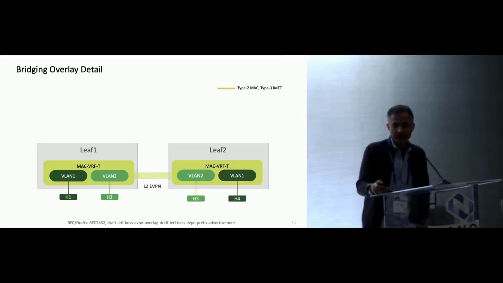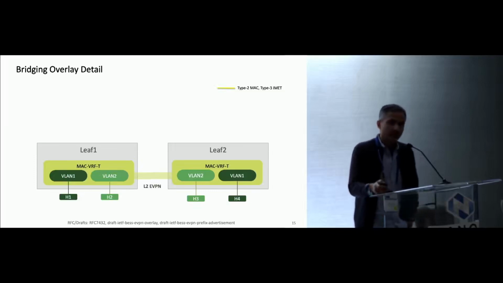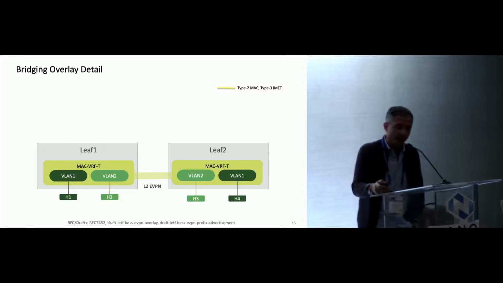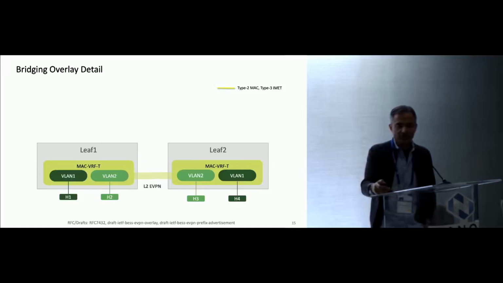So basically, this is what we call an EVI. If I use the word EVI in the context of a tenant, it's not just one VLAN, it's all the VLANs of a tenant, right? And all the VLANs of a tenant can be described in one policy that is implemented at the MAC VRF level. So just note when I use the word EVI, it covers all the VLANs that are participating in a tenant and configured within the MAC VRFs.